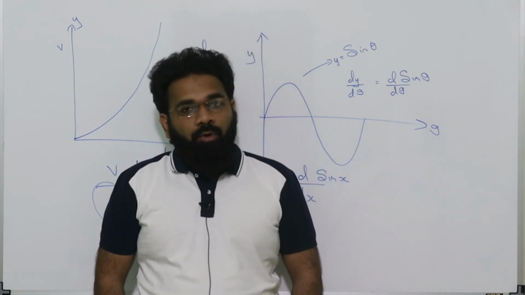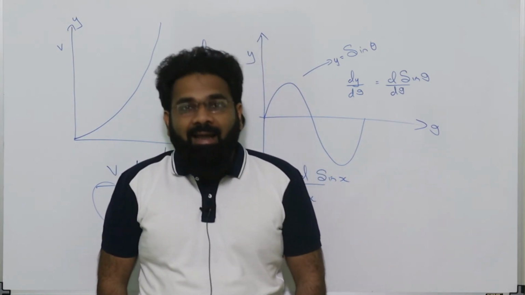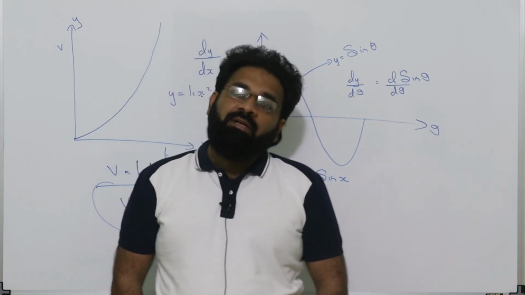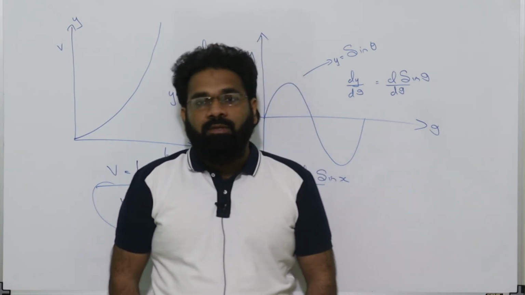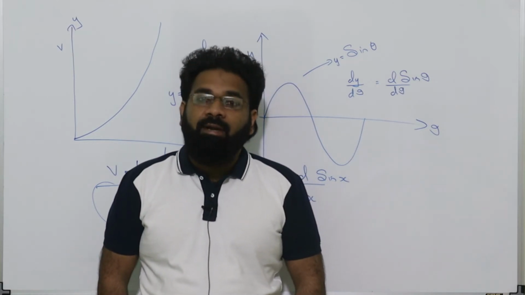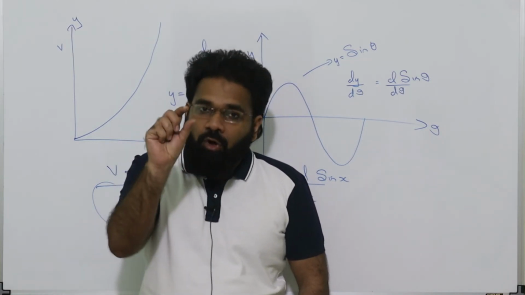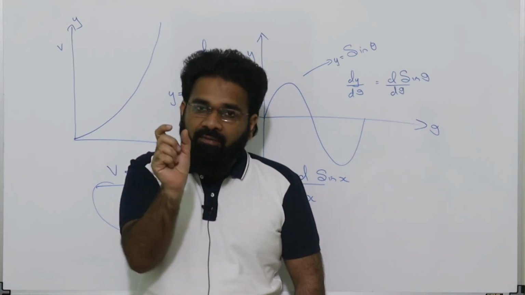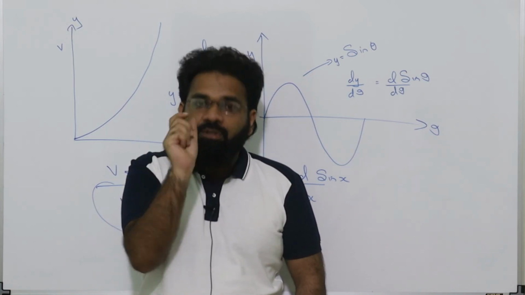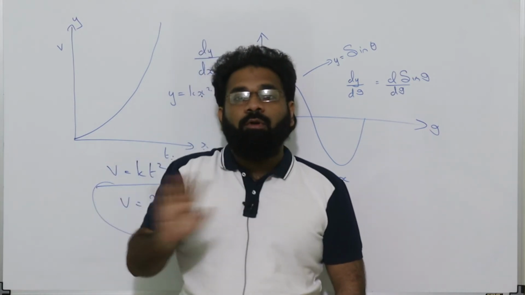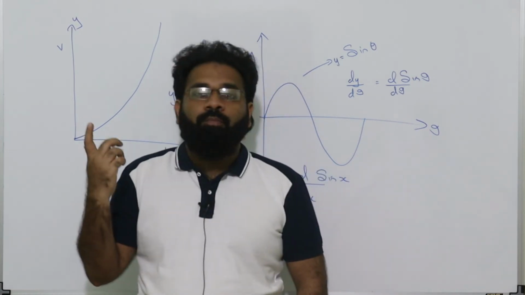So slope is important. Slope is nothing but tan theta, tangent of something. If it is a straight line, it is y2 minus y1 by x2 minus x1. If it is not a straight line, then that is nothing but dy by dx. dy is the distance between the closest points, and dx is also the distance between the closest points. It becomes 0, it will not become 0, it tends to 0.